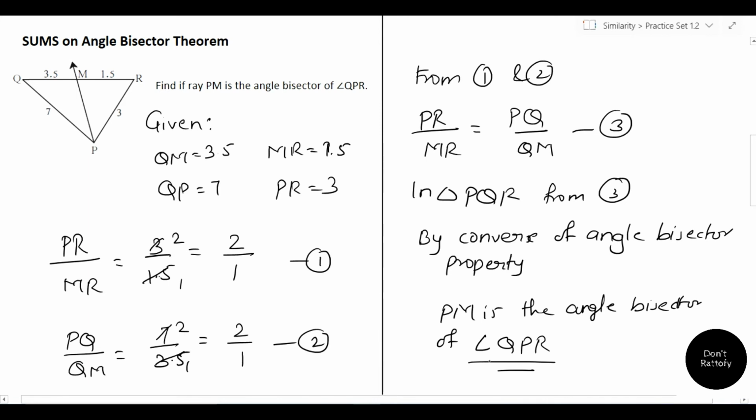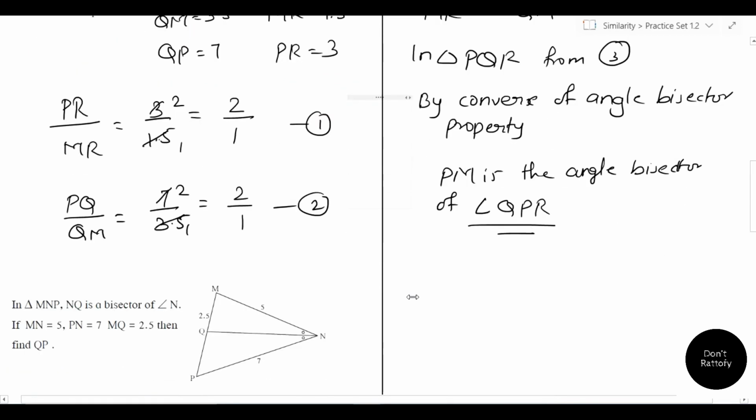This is what we are supposed to find. We have to verify if PM is the angle bisector of angle QPR. So by converse of angle bisector property, we prove that PM is the angle bisector of QPR. This sum is over, we'll go to the next sum.